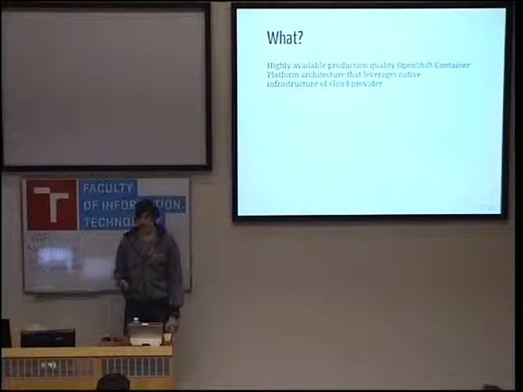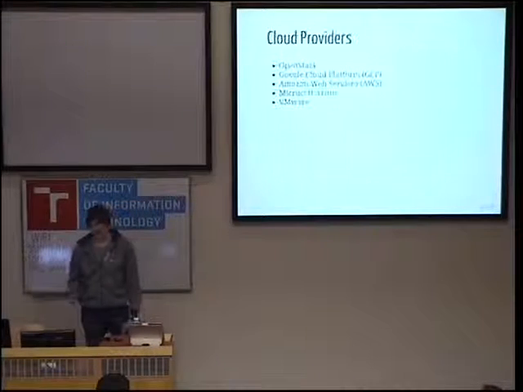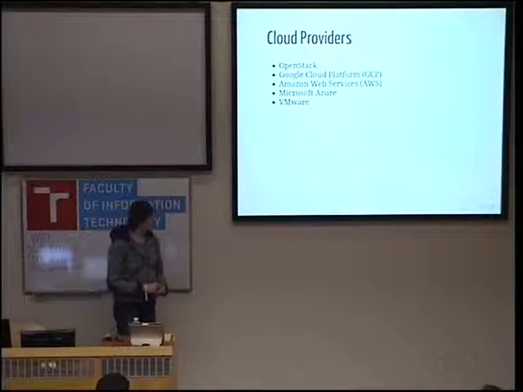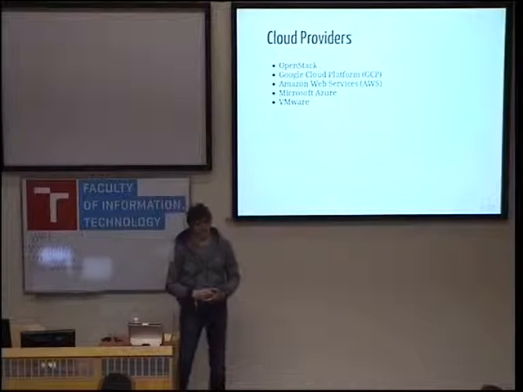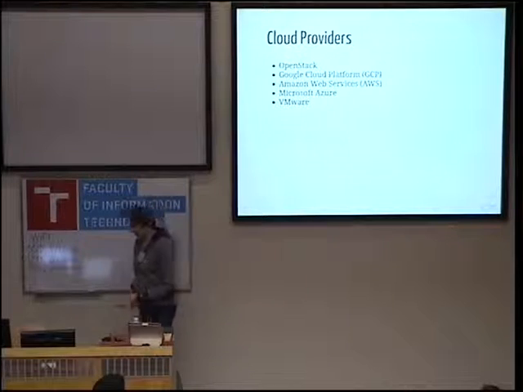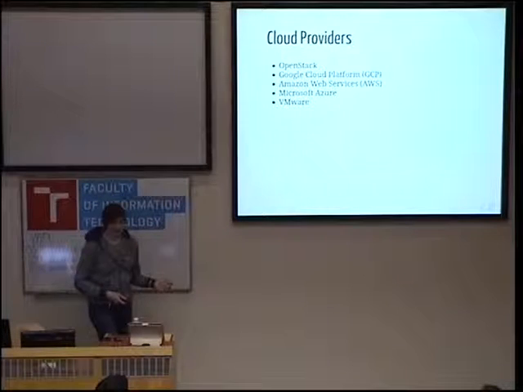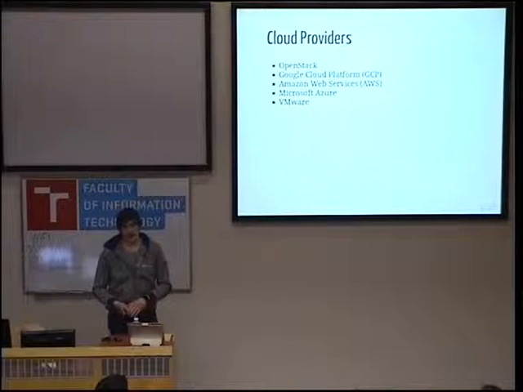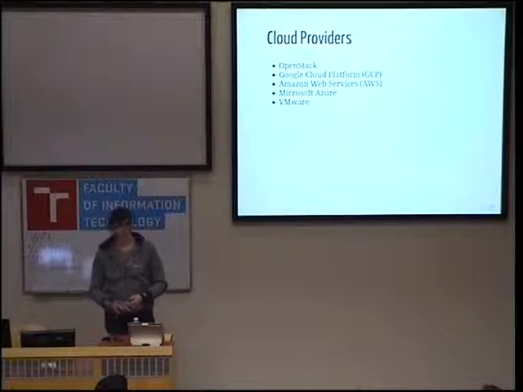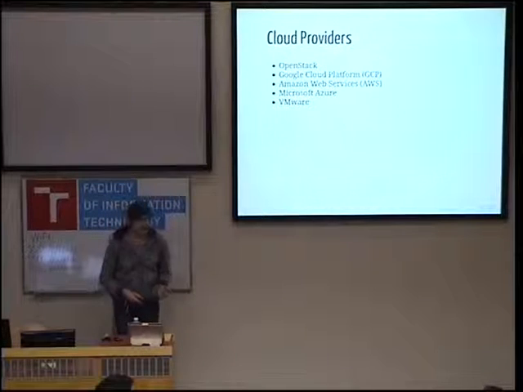We are working with more cloud providers, specifically those 5. For every cloud provider, there is a different reference architecture. All of them are done within my team, and I specifically am working on the Google Cloud Platform architecture.